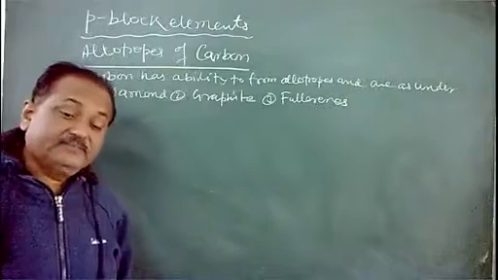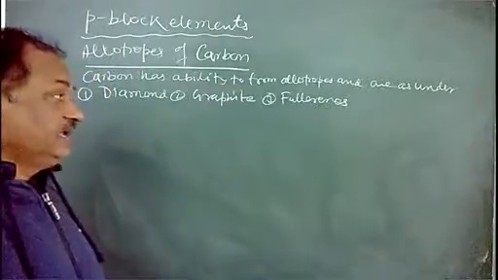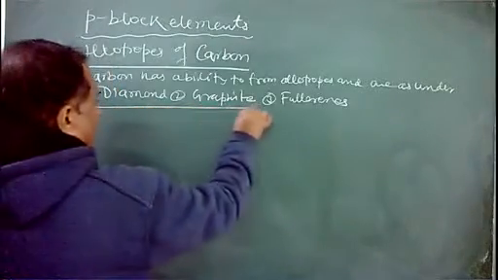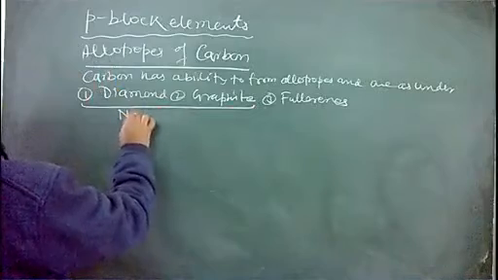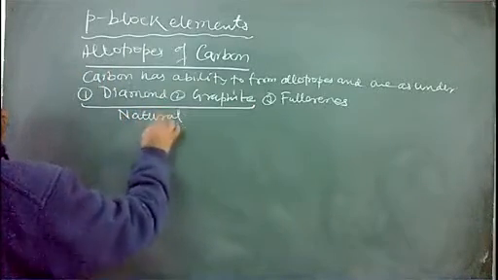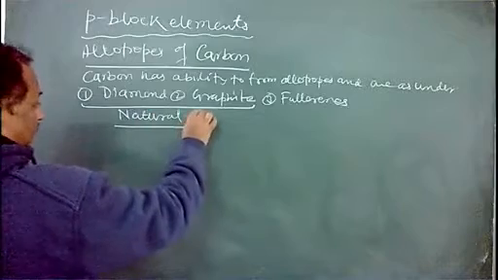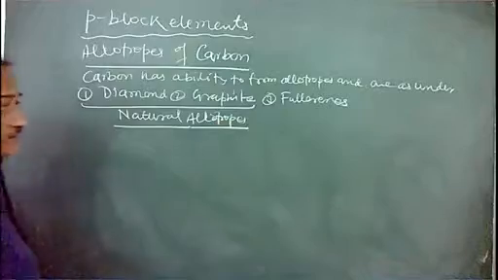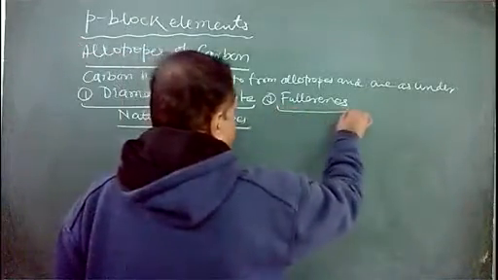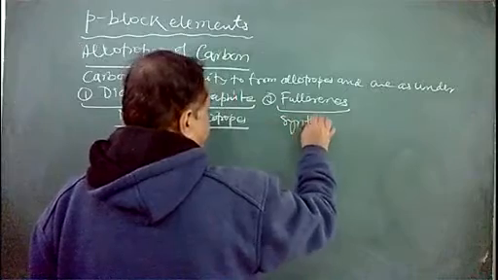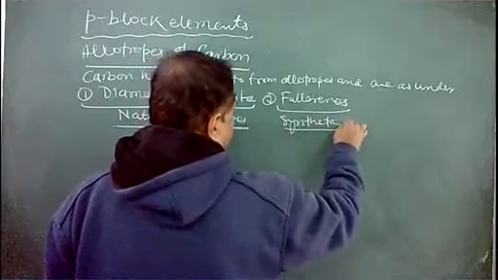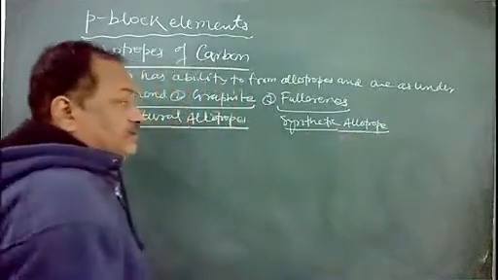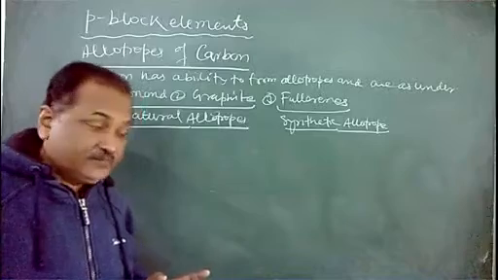Now these two, diamond and graphite, are natural allotropes. But fullerenes are synthetic allotropes. We'll see one by one in detail.